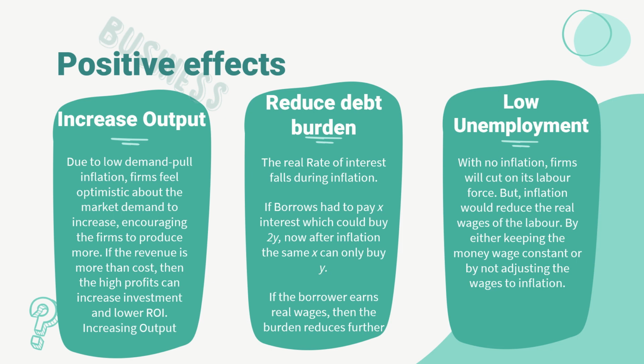The borrower has to pay back X, which could buy only Y, but the borrower borrowed at X, which could buy 2Y. So this is an advantage for the borrower, but a disadvantage for the lender.